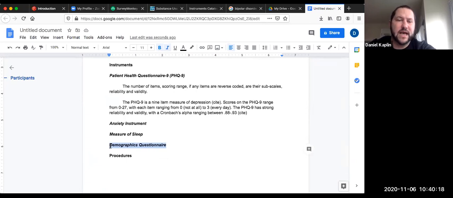Everybody, your group has to decide what demographics questions are important, and you need to describe that. Now, the instruments you use depend on the research questions your group came up with. So can I have another group share one of their research questions?